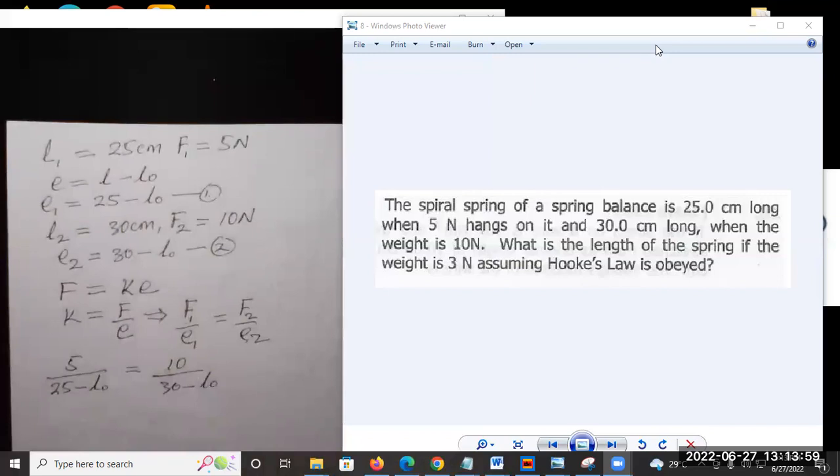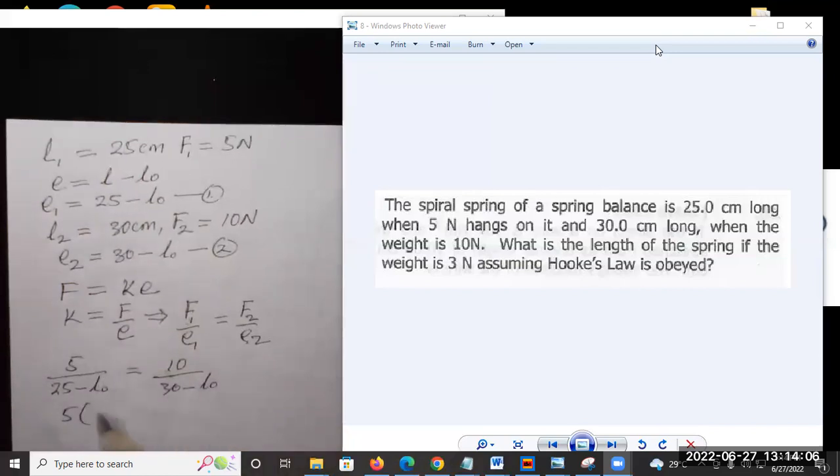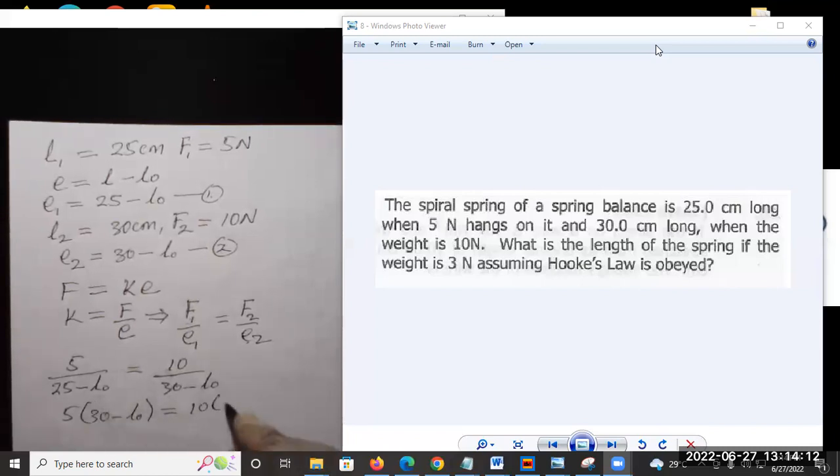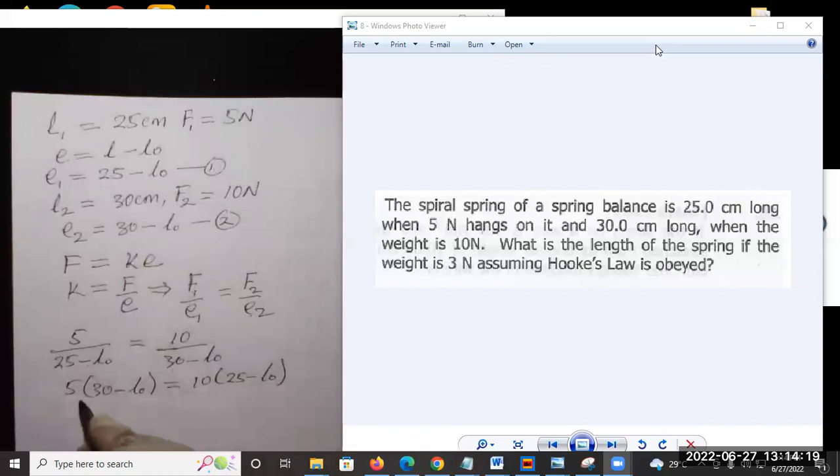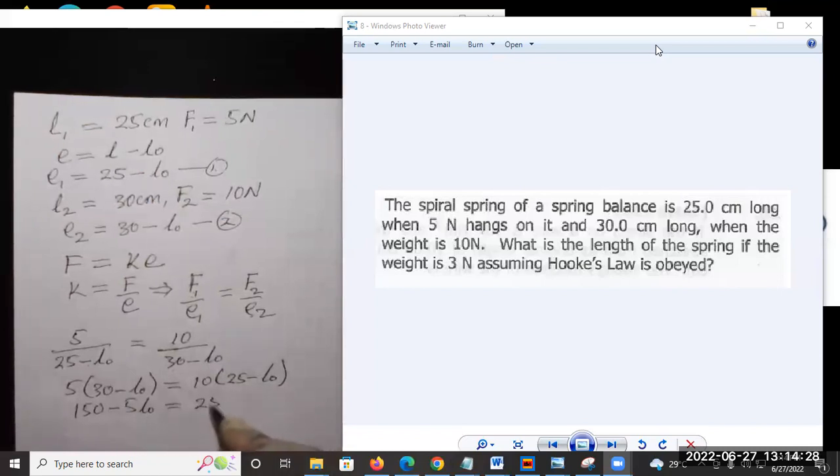Rearranging this equation, we have 5 bracket 30 minus L naught, and 10 bracket 25 minus L naught. Opening the bracket, 5 times 30 gives 150 minus 5 L naught, and this gives 250 minus 10 L naught.